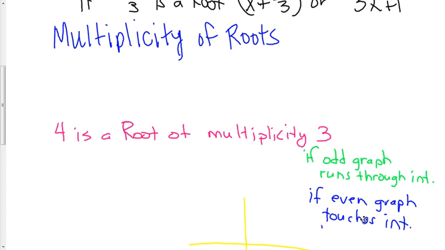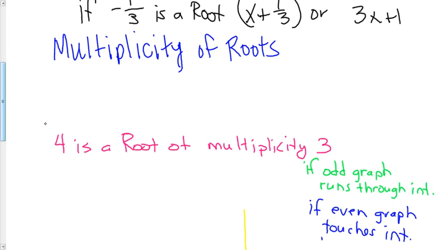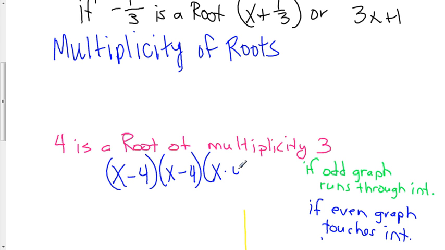If that is the case, then you know that you have factors of x minus 4 times x minus 4 times x minus 4. Or you can write x minus 4 to the third power.